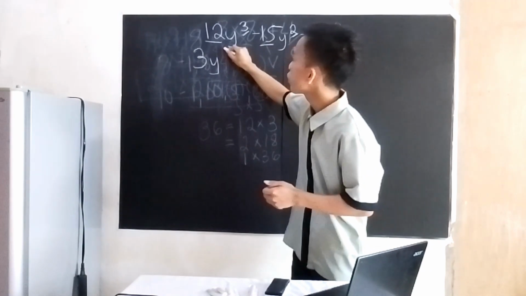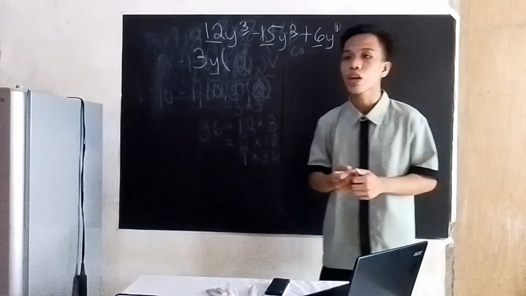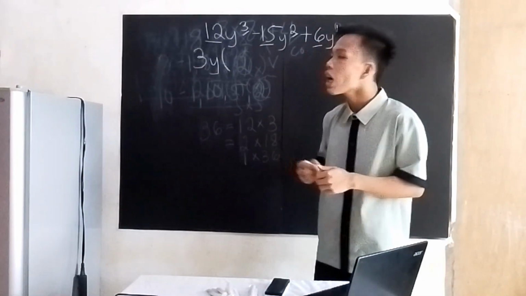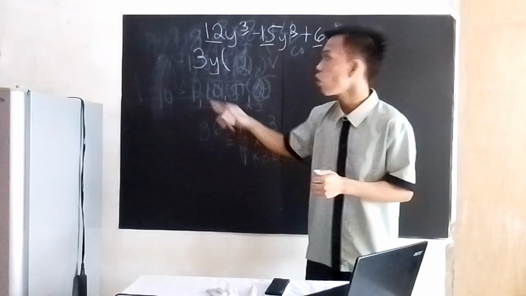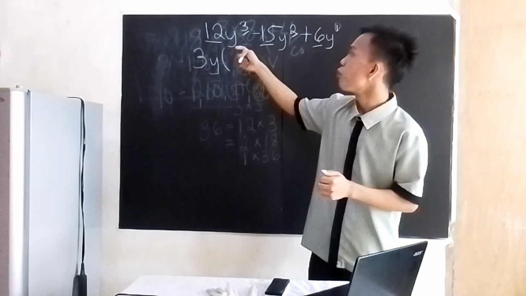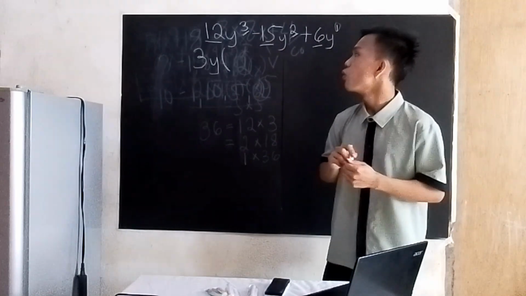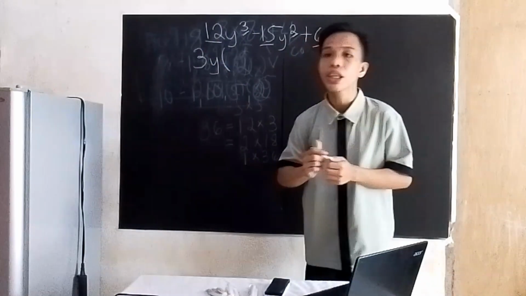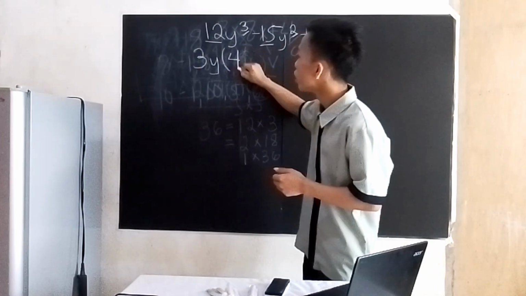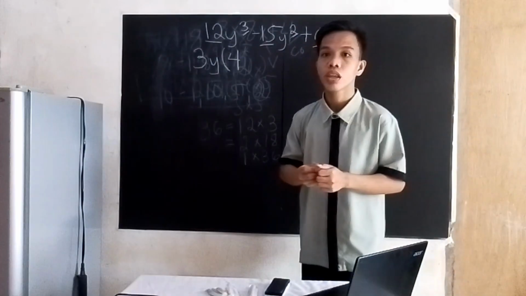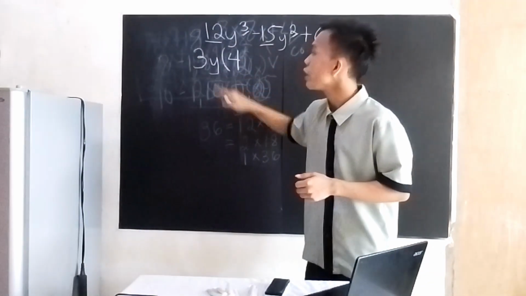So let's proceed. The next process that we are going to do is divide the coefficient to coefficient and the variable to variable. What is 12 divided by 3? That's right, that will be 4. Next, what is y cubed divided by y?